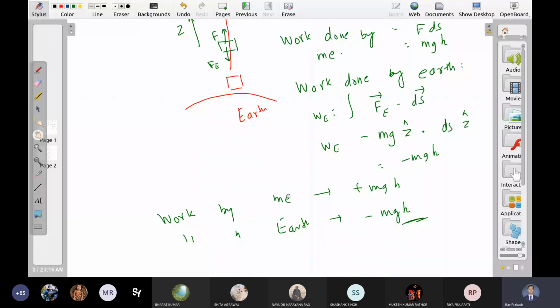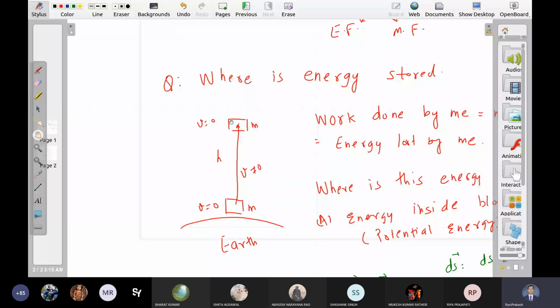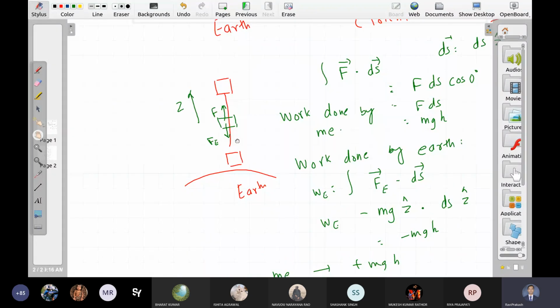In the first case, we were focusing on this box. What did we do and what effect came on the box? We did not care about Earth anymore, right? In this second case, we have no concern about this block. We are only looking at the potentials generated by Earth and how much work we did against the potential.